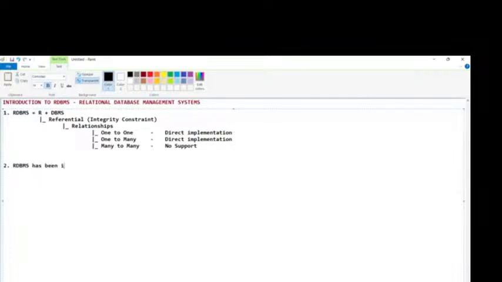Second point. RDBMS was introduced in the year 1970 by Dr. E.F. Codd.